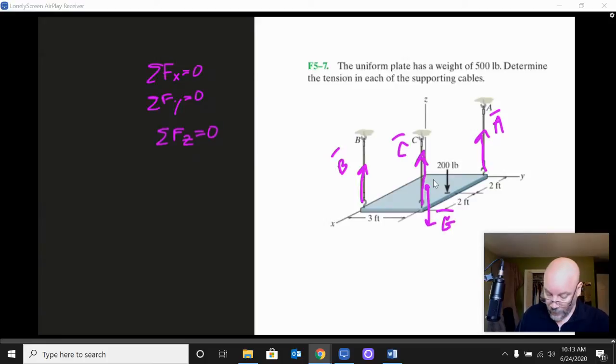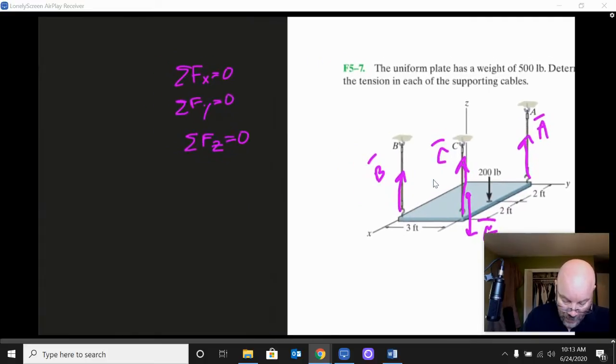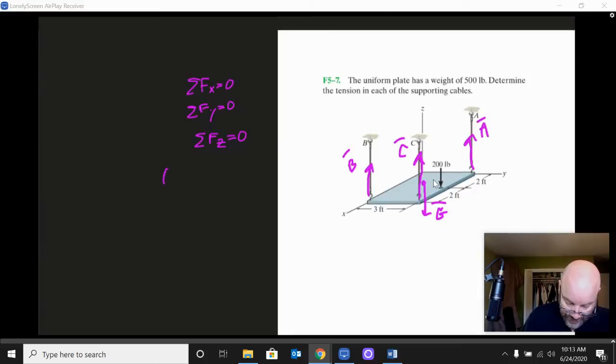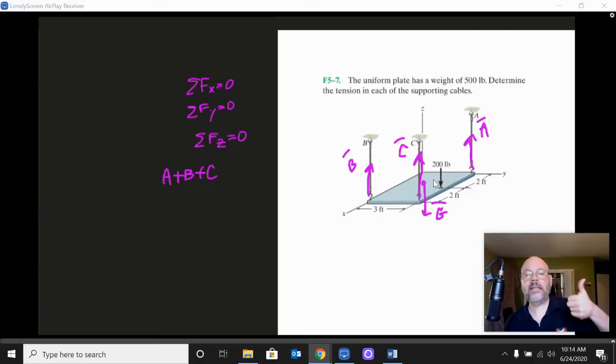Now we've got A, B, C, G, and the 200. A, B, and C are all vertical. So I've got A plus B plus C. I said vertical, I meant they're all pointing upwards. They're in tension, they're pulling on that thing.